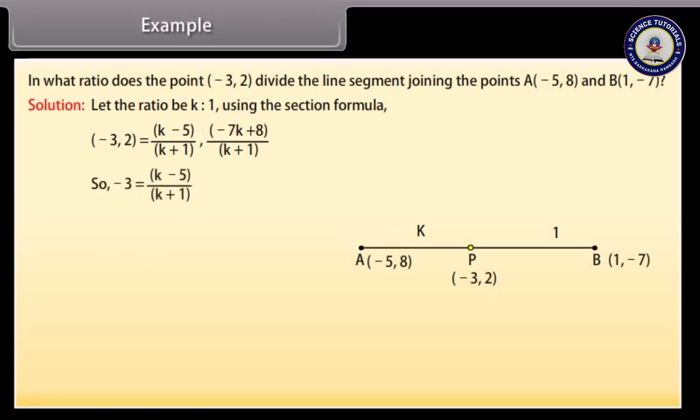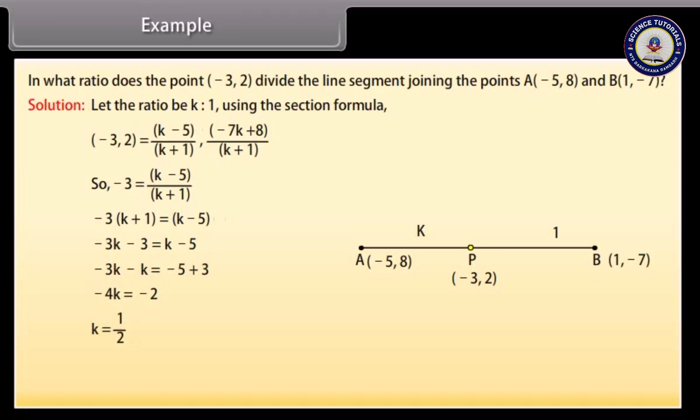So, -3 is equal to k minus 5 by k plus 1. -3 into k plus 1 equals k minus 5, which is equal to -3k minus 3 equals k minus 5, equal to -3k minus k equals -5 plus 3 is equal to -4k equals -2. K is 1 by 2. So the ratio k:1 is equal to 1:2.